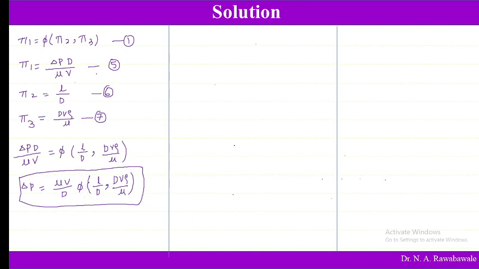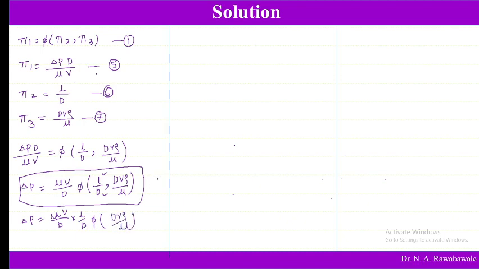Now one thing we can observe: length of pipe and diameter of pipe are not going to vary, so this can be treated as a constant. We can take it outside this. So delta p is equal to mu v divided by D into L divided by D, psi of d v rho divided by mu.